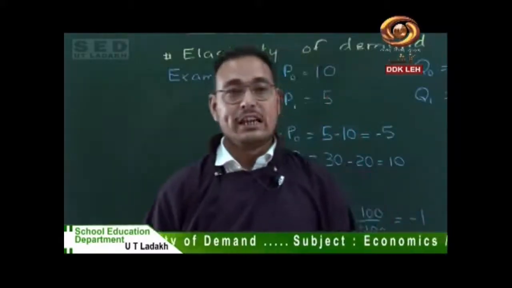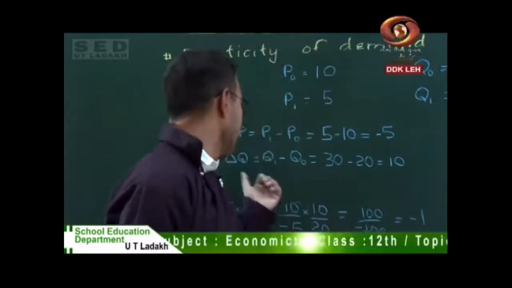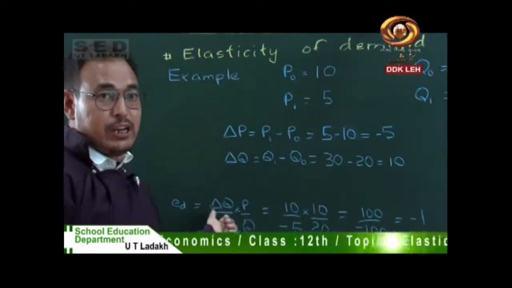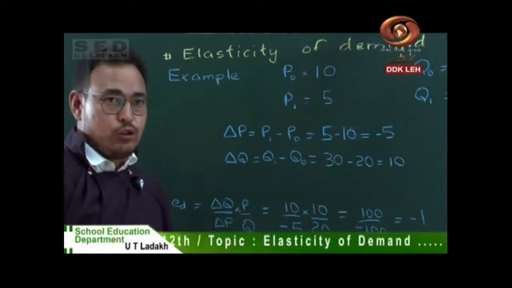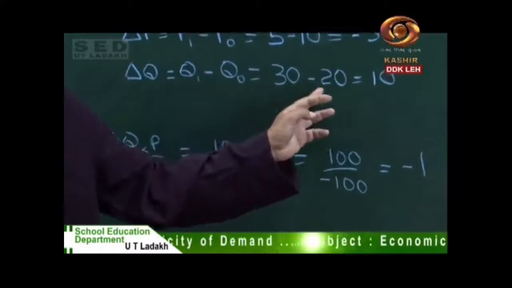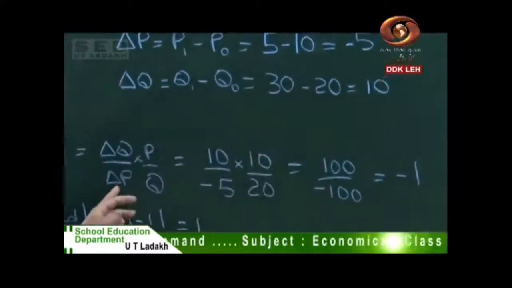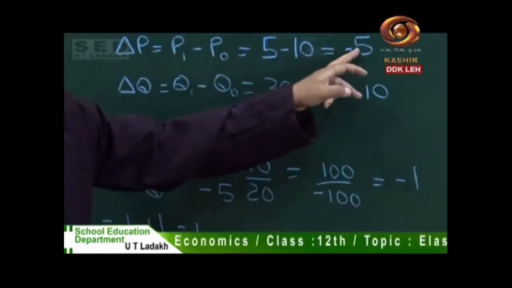Now we use elasticity to calculate the intensity of this change, whereby your ED is simply delta Q divided by delta P multiplied by P upon Q. Here delta Q is 30 minus 20, which is 10, and delta P is P1 minus P0, which is 5 minus 10, that is minus 5.